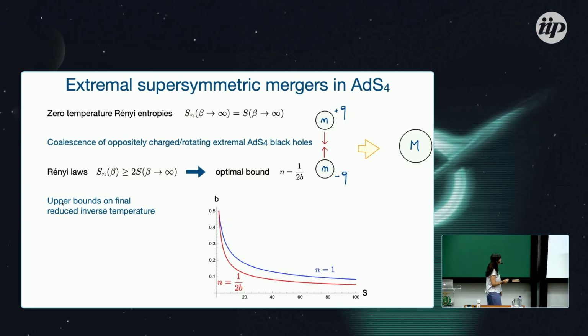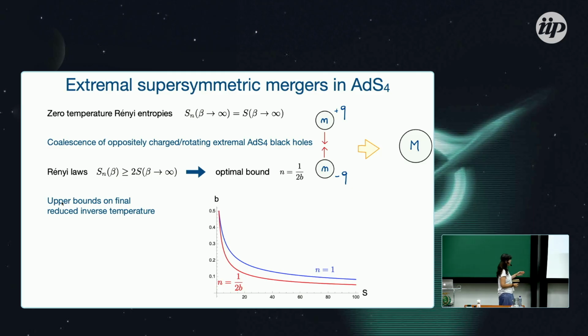If we look, for instance, at the collision of two oppositely charged or rotating extremal black holes and rerun these bounds, which are very simple to write, we find again that the optimal bound now doesn't come from the n to 0 extremum, but from the other extremum of the curves that we can reach.